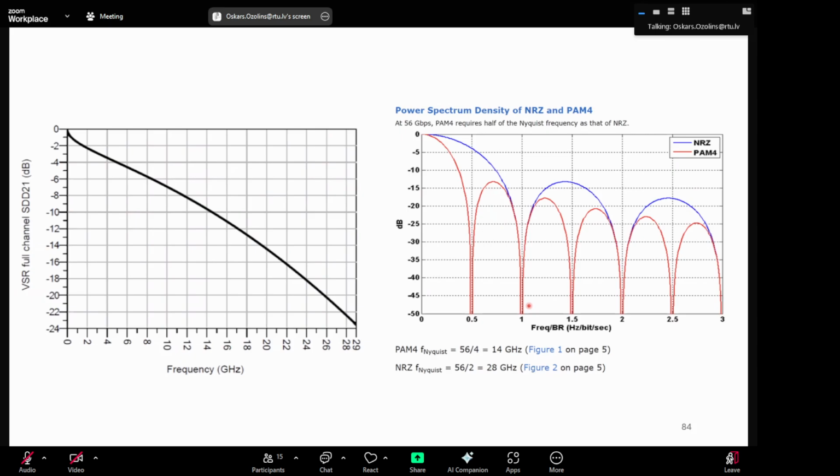So just to compare, if you want to achieve the same bit rate, you can do it with smaller bandwidth. But again, we should not forget that the signal to noise ratio still gives a problem, as more pulse amplitude modulation levels cause problems there.